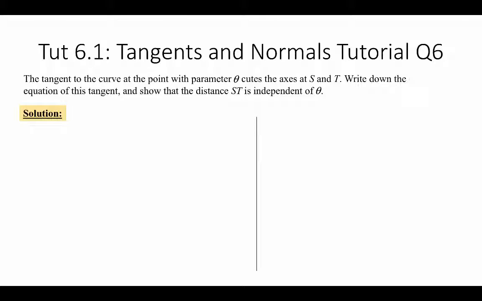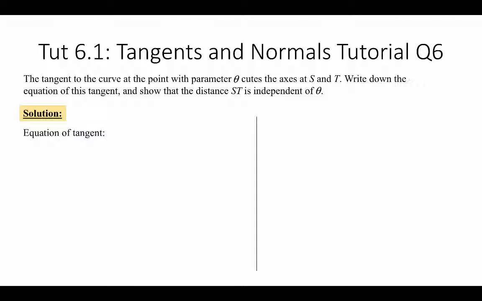For the second part, we have a tangent to the curve at a point with parameter theta that cuts the axes at S and T. We need to write down the equation of the tangent and show that the distance ST is independent of theta.